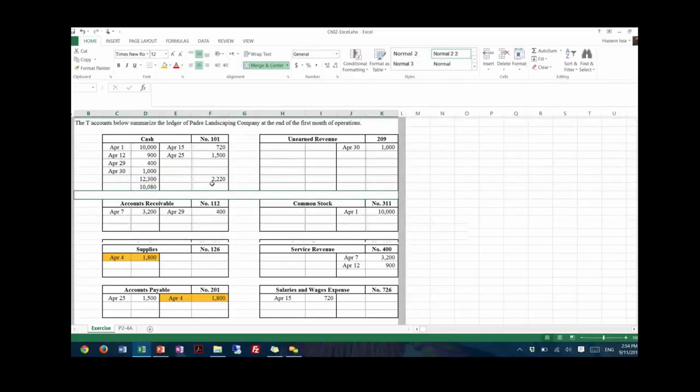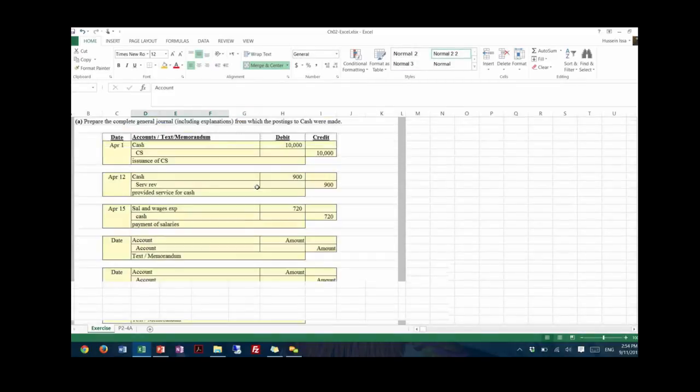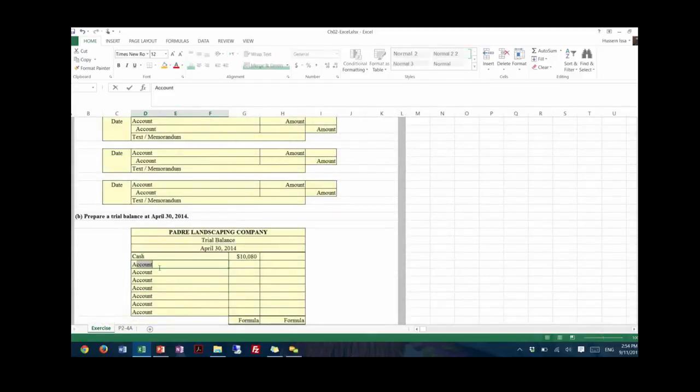So it's 10,080. And cash is on the debit side. Next account will be what? Accounts receivable. The value is 2,800.